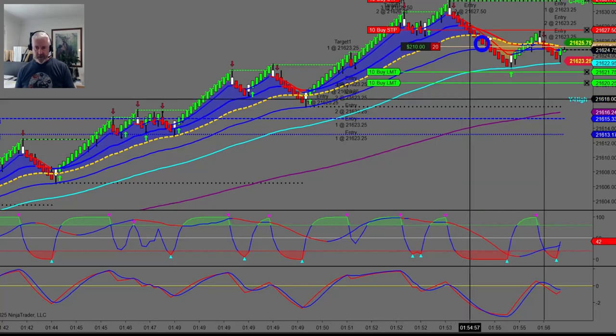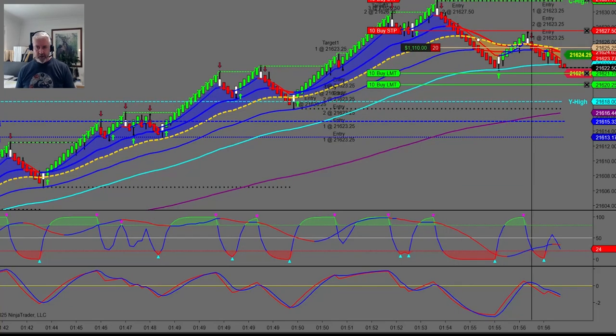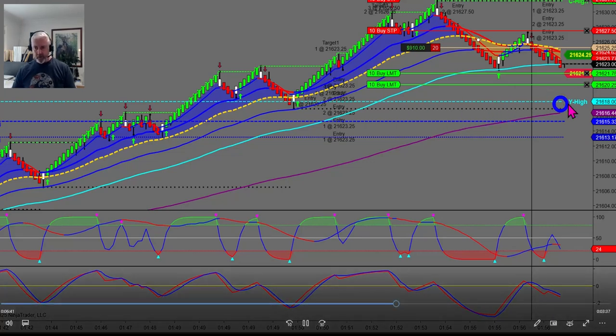So here we're just patiently waiting. This is a really nice reversal. Now see down below, you've got yesterday's high, and see those black horizontal lines, little dots there. They are the swing lows, and you can see the blue lines there. They are pivots.